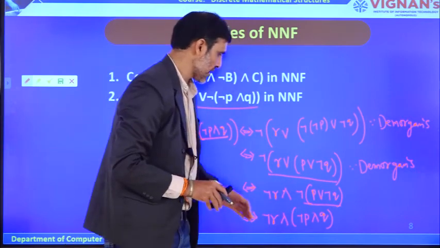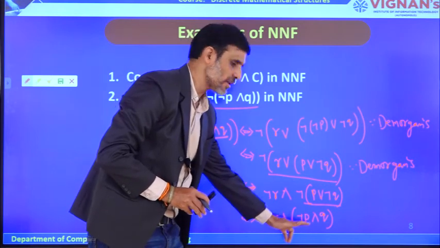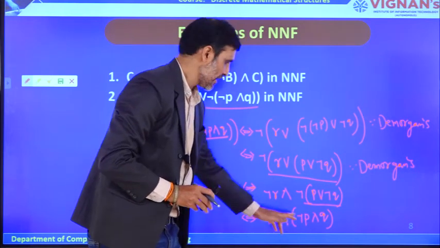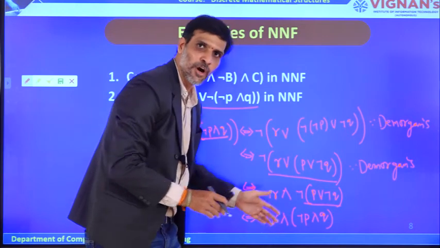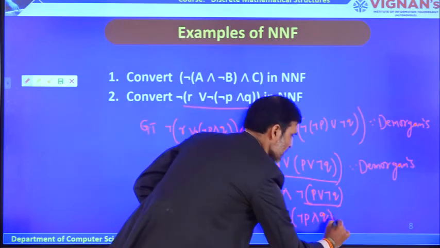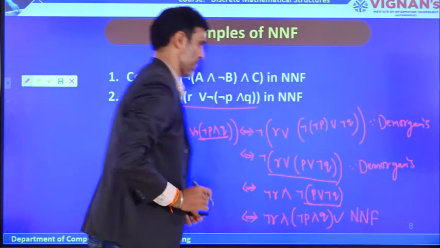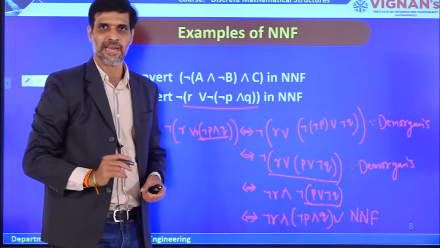Now if you observe, the negation appears only in front of the propositional variable. Remember that. It is not appearing in front of any compound proposition. Therefore, this formula is in NNF.